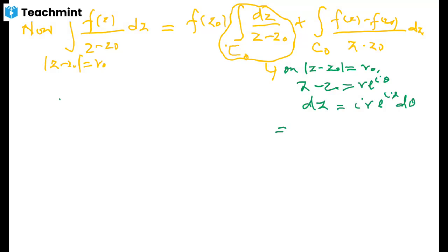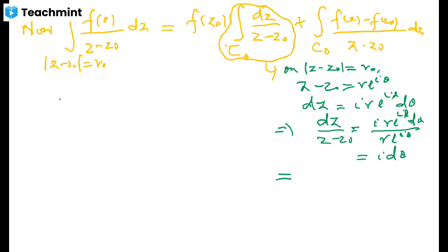This implies that dz upon z minus z naught equals i r e^(i theta) d theta upon r e^(i theta), and the r e^(i theta) terms cancel out. You will have i d theta.